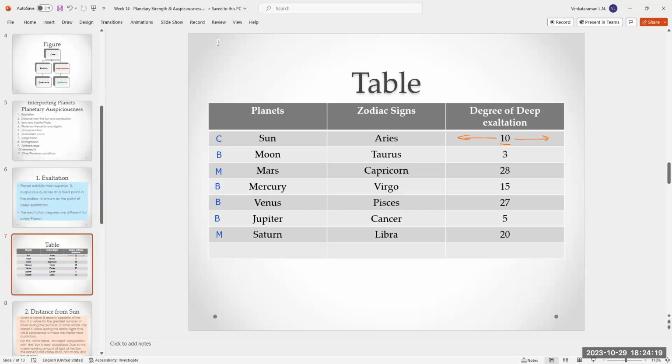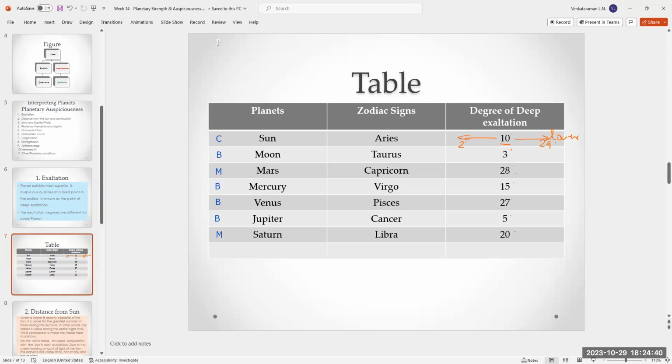What do you mean when you say go away from this? Away means how much away it is from the specific degree, in terms of degrees in the sign.